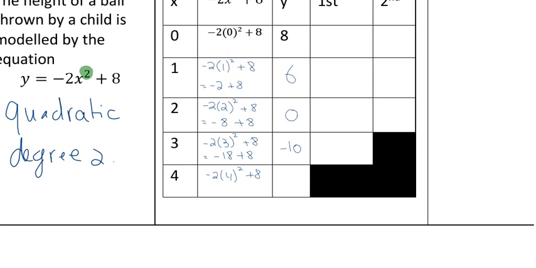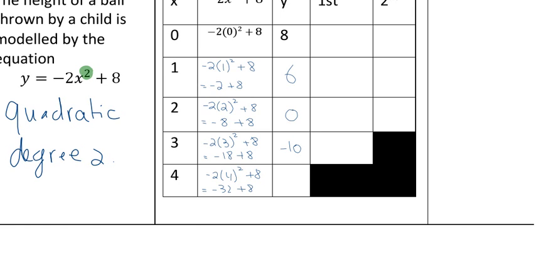Again, 4 squared is 16 times negative 2, that's negative 32 plus 8. All right.